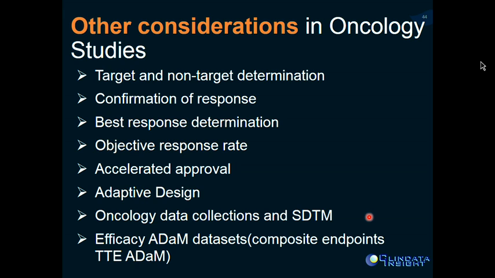Those information also need to be collected and prepared in SDTM data sets. And a lot of times, the primary efficacy ADaM data set is very complex, either with a composite endpoint or a time-to-event ADaM data set, and there is a certain way you could prepare this information more effectively.